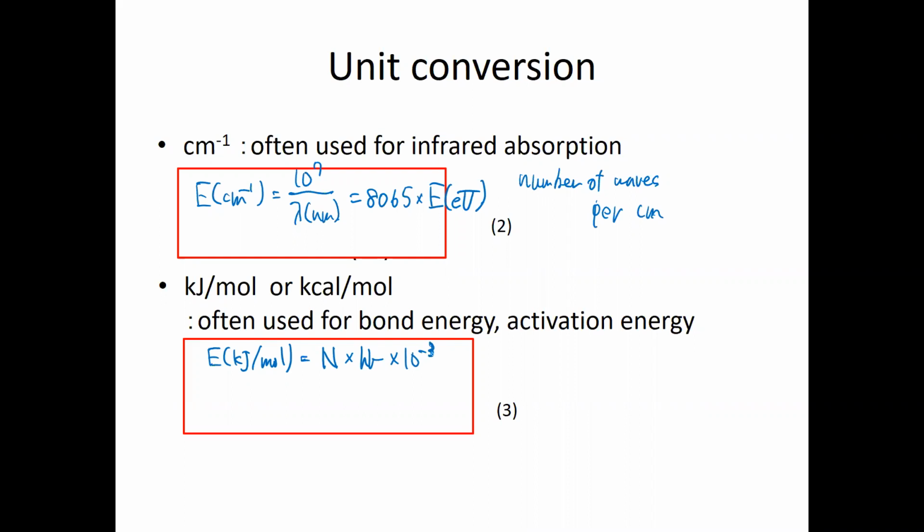So you could calculate this, and this one can also be calculated in the after lecture exercise, and you can obtain almost 100 times the electron volt. And of course, if you want to change it to calorie per mole, you just need to divide this by 4.2.